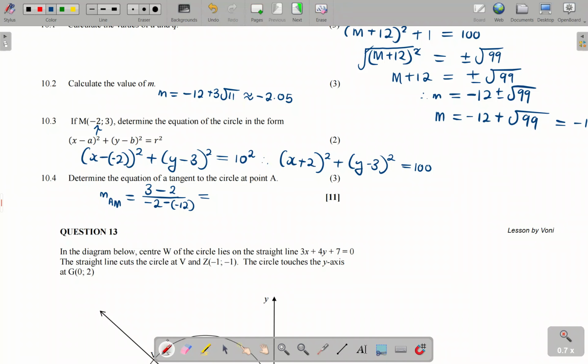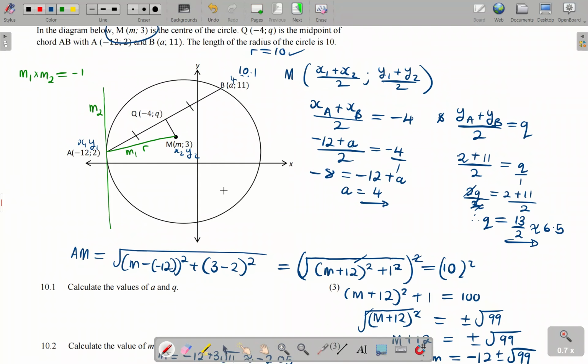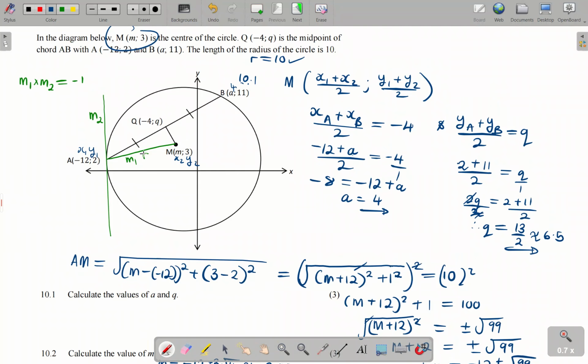So let me write it nicely: 1 all over 10. But let's check something, guys. This is to determine the equation of a tangent to the circle at point A. The radius here has to form a 90 degree angle between the line, which is the tangent, and the radius.